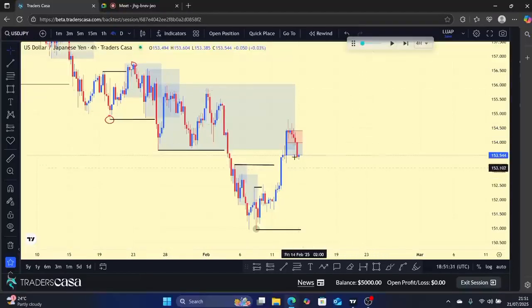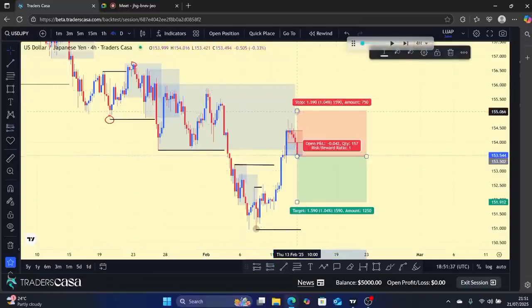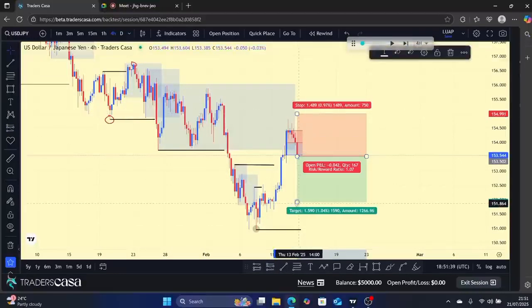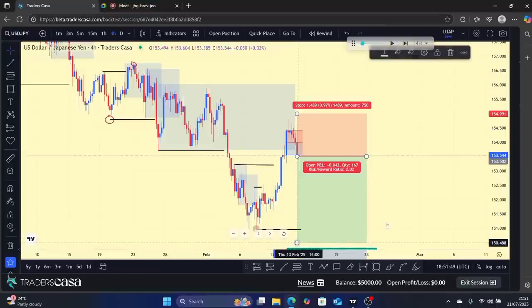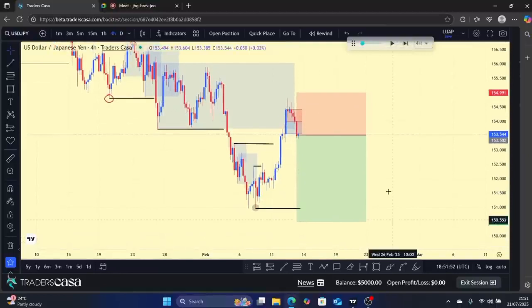Price closed exactly right there. So stop loss above there and target profit at the external liquidity. And yeah, the risk to reward in this case is kind of all right. I'm extending it largely, but it's not recommended.